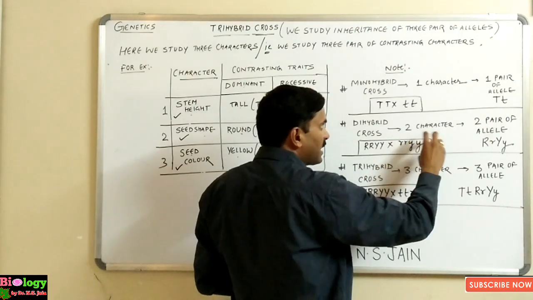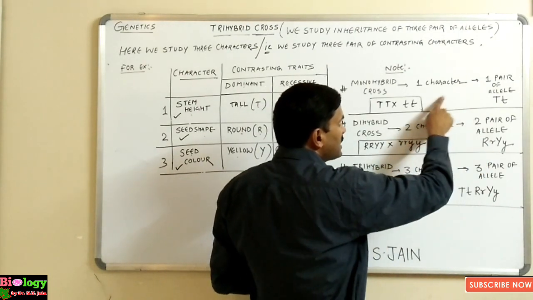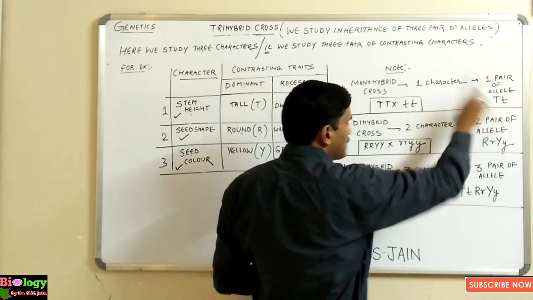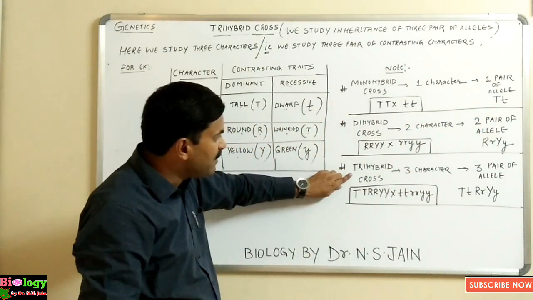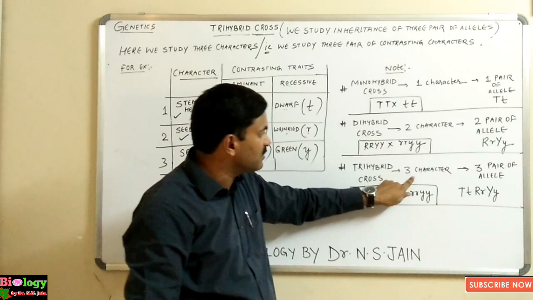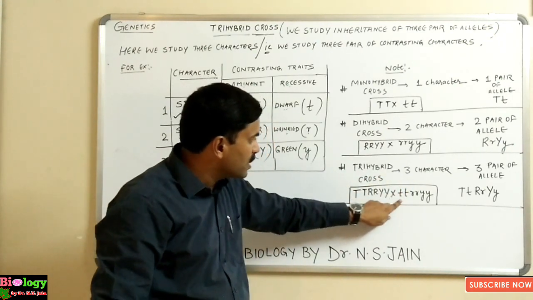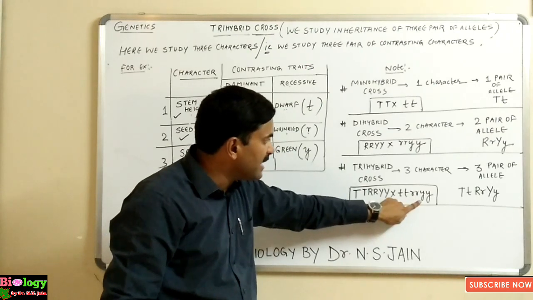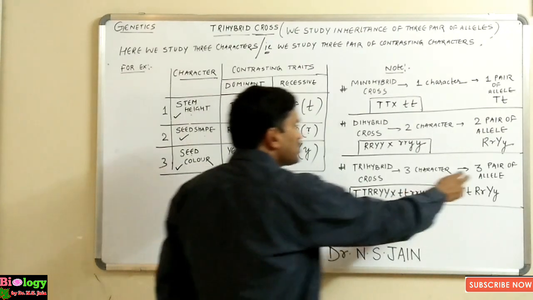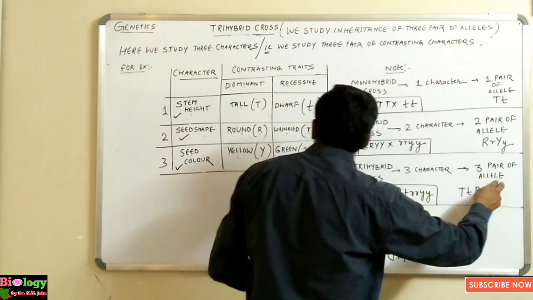We took this cross and in the F1 generation we got this one. In trihybrid cross we have taken three characters. You can see here: tall, round and yellow, dwarf, wrinkled and green. And it is controlled by three pairs of alleles.